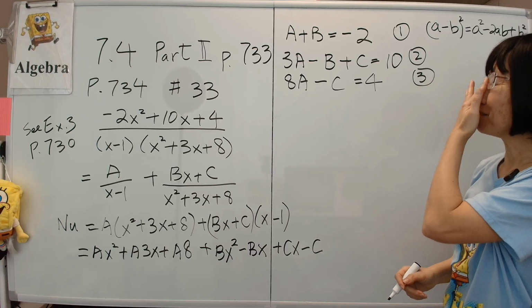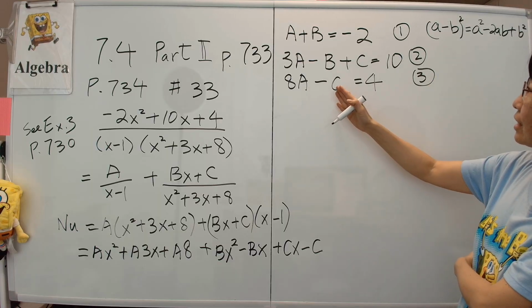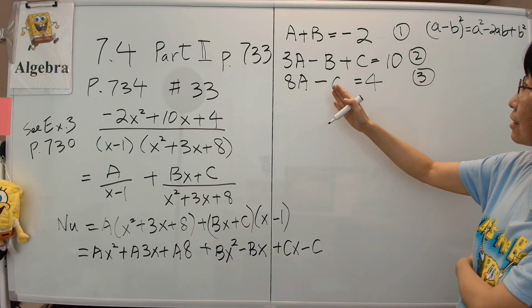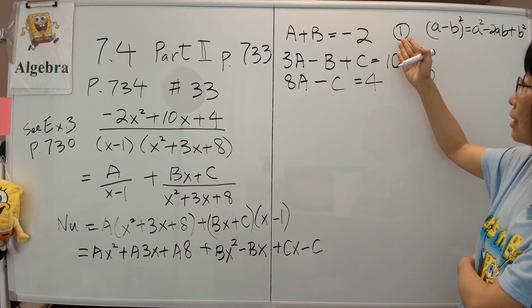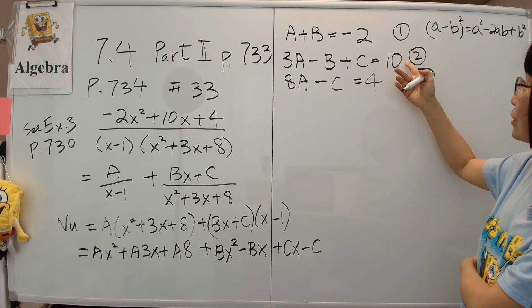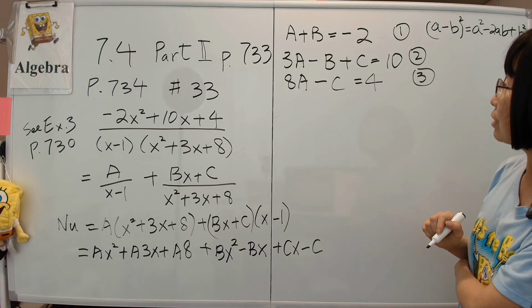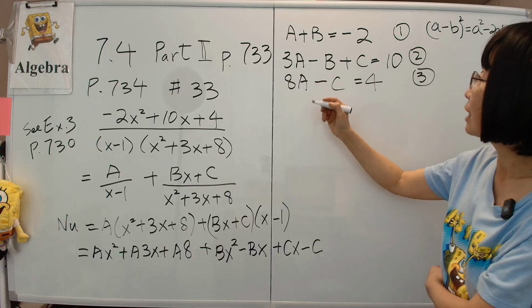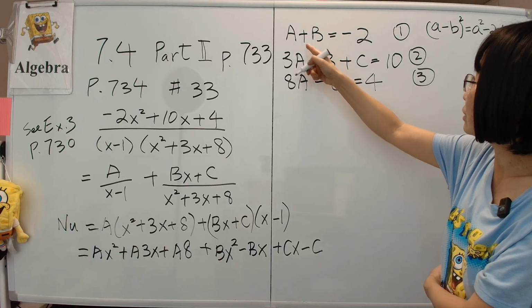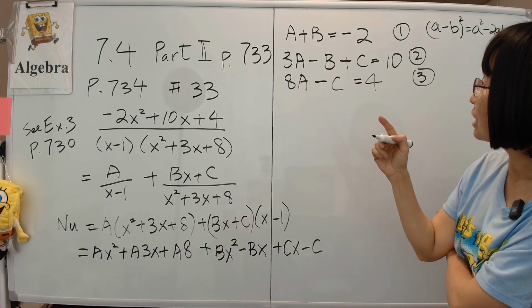Anyway, looking at these, what is the easiest thing to crack? If we add equation 1 with equation 2, we'll get rid of the b.